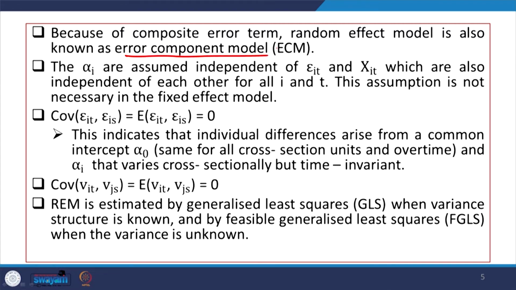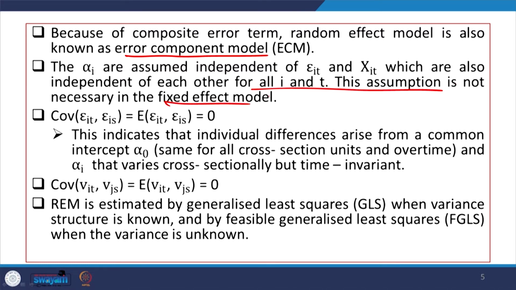All right, and the alpha i are assumed to be independent of the error term, and the X it are also independent of each other for all i as well as all t. This assumption is not necessary in the fixed effect model. So, this is how it is different as compared to the fixed effect model.